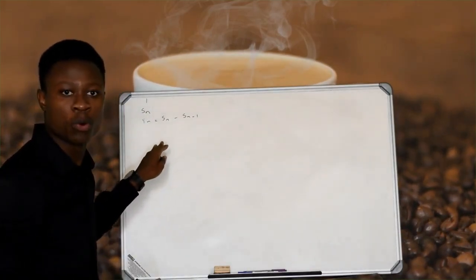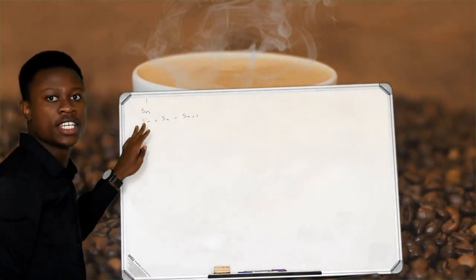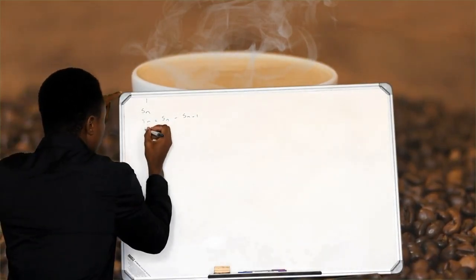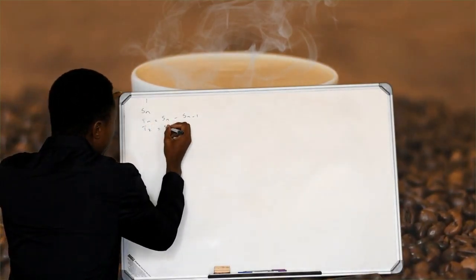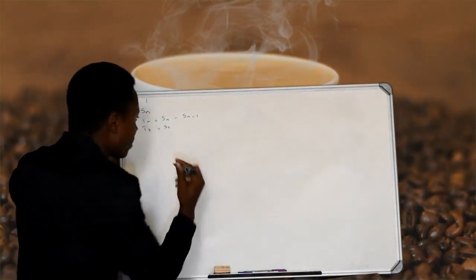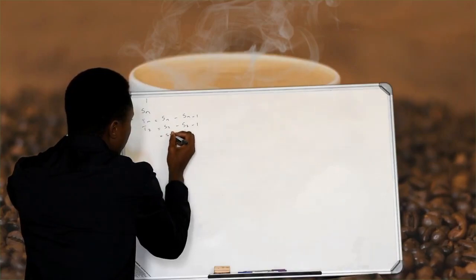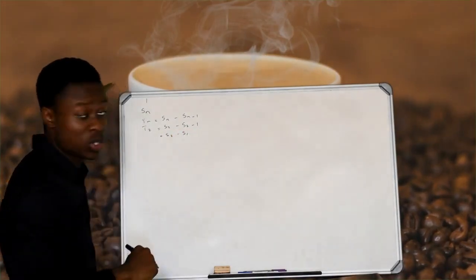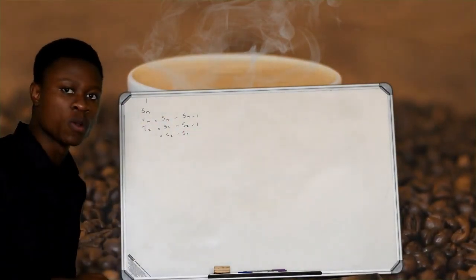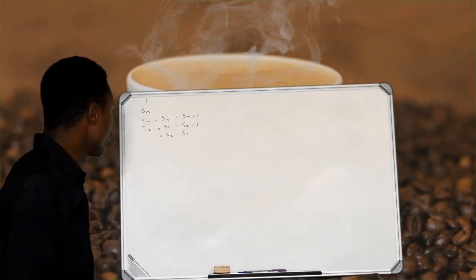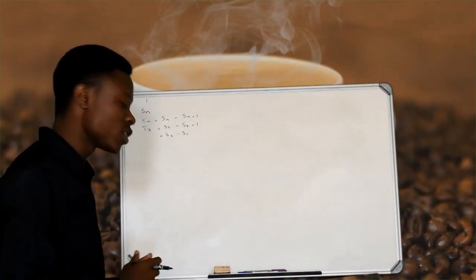So let's say, for example, we want to find T2. T2 would be equal to S2, that's what n is, minus S2 minus 1, which becomes S2 minus S1. So that's how you denote it. So we'll be working with the series Sn today.